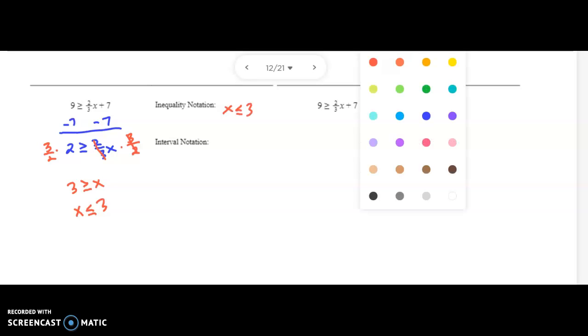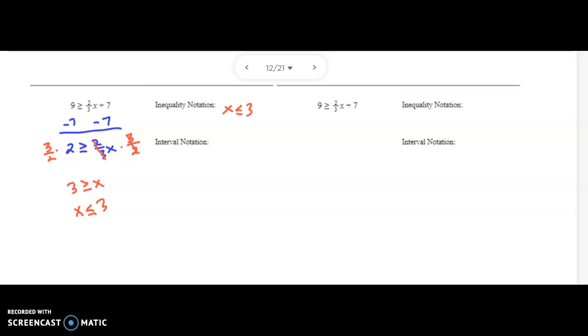Now, when we do interval notation, sometimes it's helpful to draw a graph. If we have 0 and 3, we know it's going to be a filled-in circle at 3 because it's less than or equal to, and then we're going to shade or draw an arrow to the left.